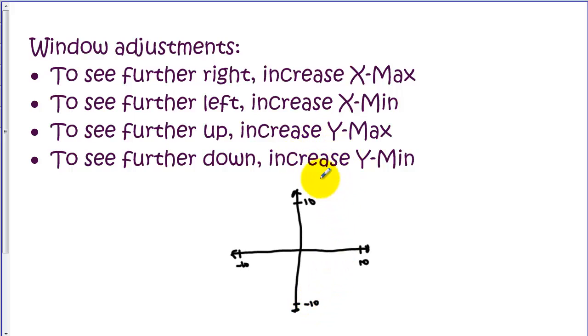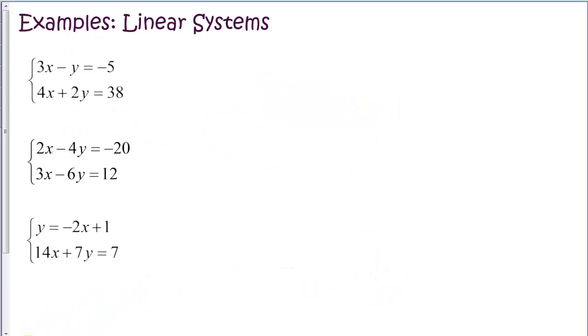So if we believe our intersection is up here, we need to increase Y max. If we think we need to see it down below the graph, we want to change Y min and make it larger negative. And right and left will be X max and X min. So you just have to kind of guess where you think the intersection is and make some adjustments until you find them.